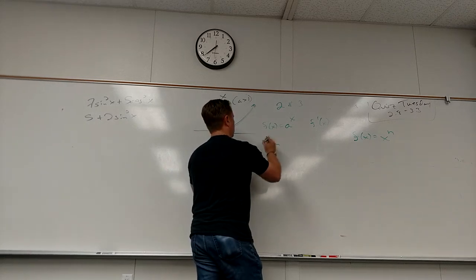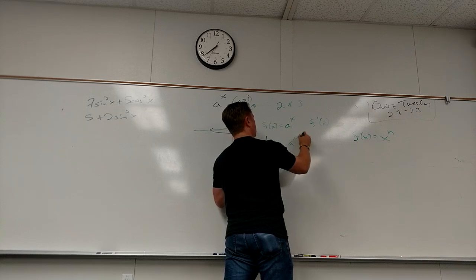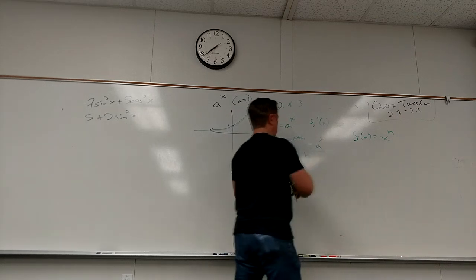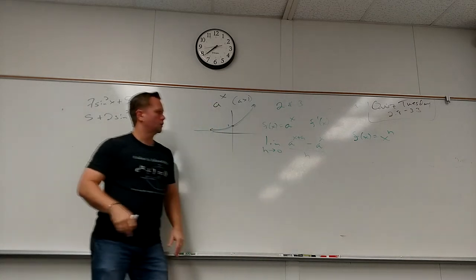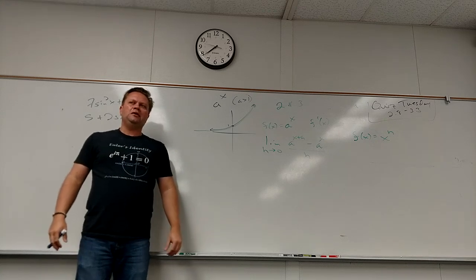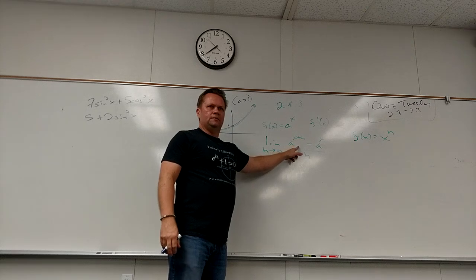So limit as h goes to 0 of f of x plus h minus f of x all over h. Can anybody help me with how to rewrite this?